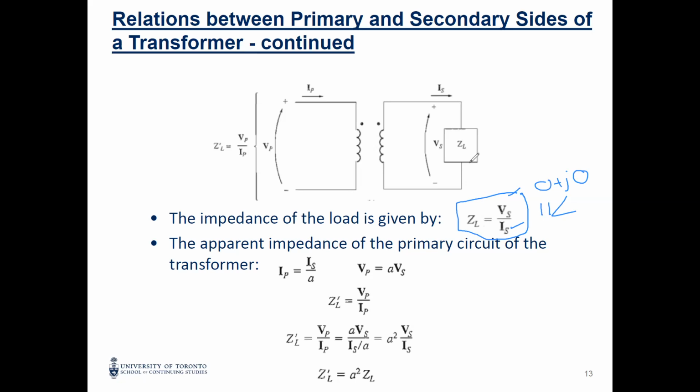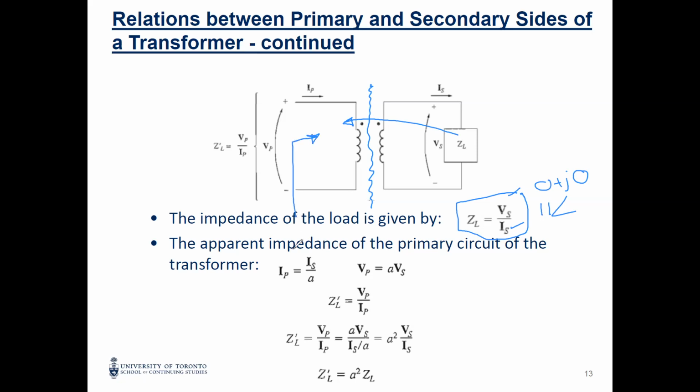Okay, we have this impedance in the secondary. To solve this kind of circuit would be impossible because you have a transformer here, something that electrically disconnects the two circuits. So what I'm going to do now is move this impedance to this side. I'm not actually moving it, but I want to see the impact of this impedance on the primary side.